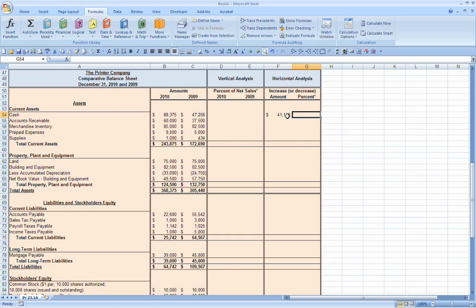So my cash balance went up $41,000, plus cash divided by the base year. 87% increase in cash. Woohoo! That's an awesome thing. For those of you who know how I feel about cash, that's a great thing.